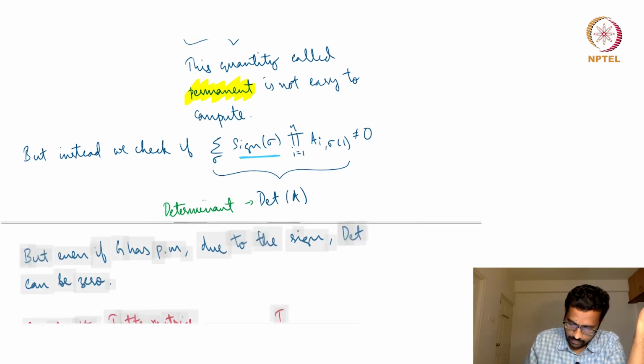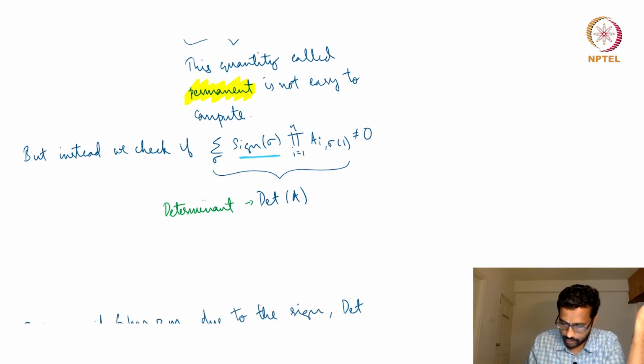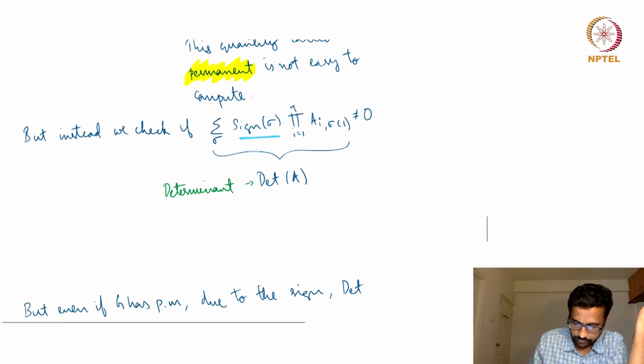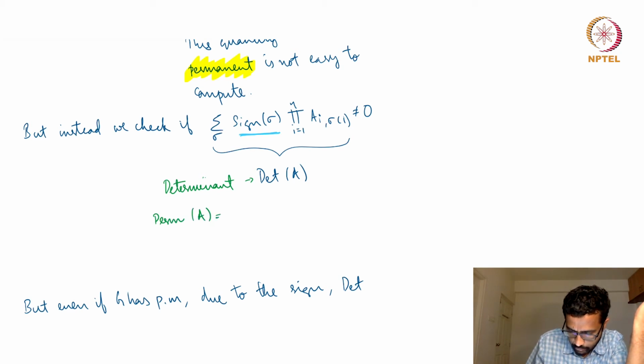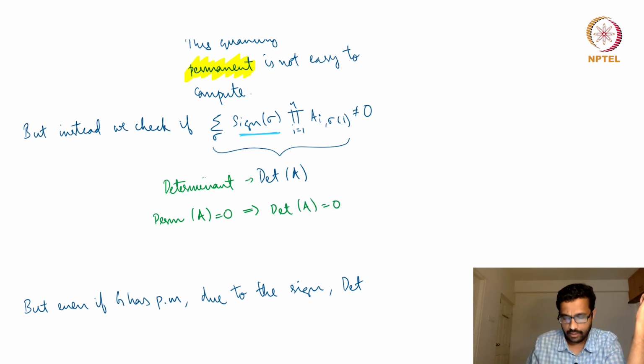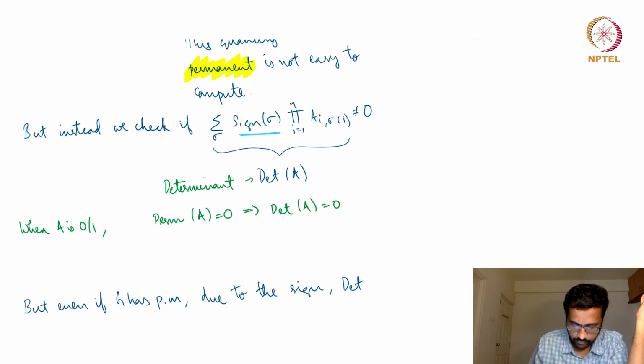Permanent of A is 0 implies that determinant of A is equal to 0, because all the individual terms must be 0, in the case when A is a 0, 1 matrix.